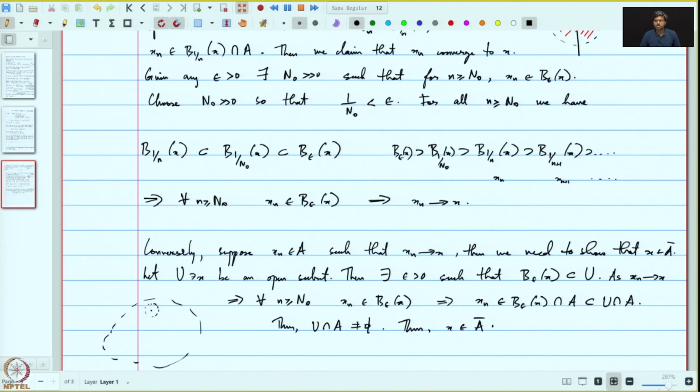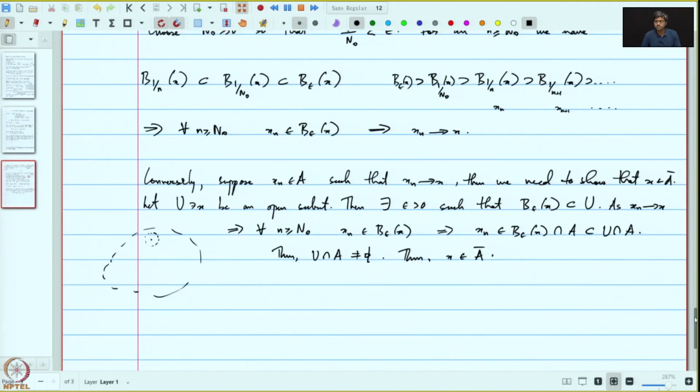Okay. So in the case of metric spaces we have given a nice and intuitive criterion for what it means for a point to be in the closure of a set. So once again we return to our earlier example.